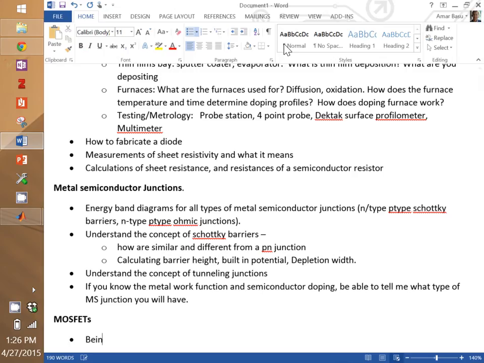Being able to calculate drain currents for an NMOS device and PMOS device in cutoff, triode, saturation.